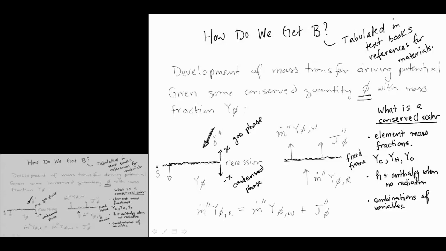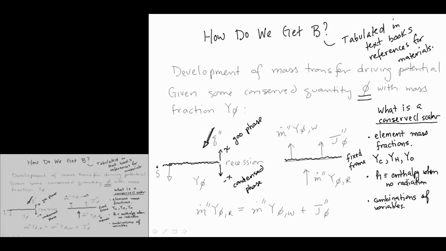So this is the condensed phase quantity. On the gas side, there's bulk motion, so there's bulk transfer, and so the m dot double prime y phi w, where w is for the wall value.